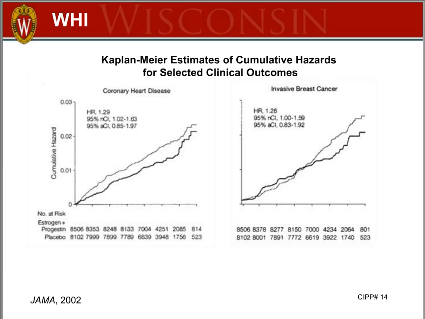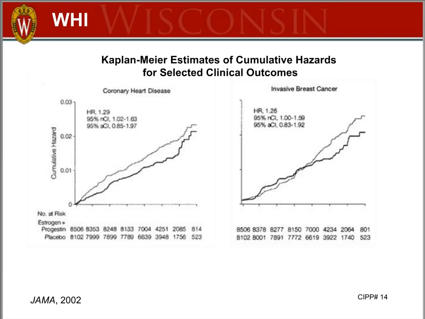In the little legend, there is an HR, which stands for hazard ratio, of 1.29. That says that the individuals on hormone replacement therapy had a 29% increased risk over these 7 years of follow-up. And there's a confidence interval provided for that from 1.02 to 1.63. So it's even nominally significant.